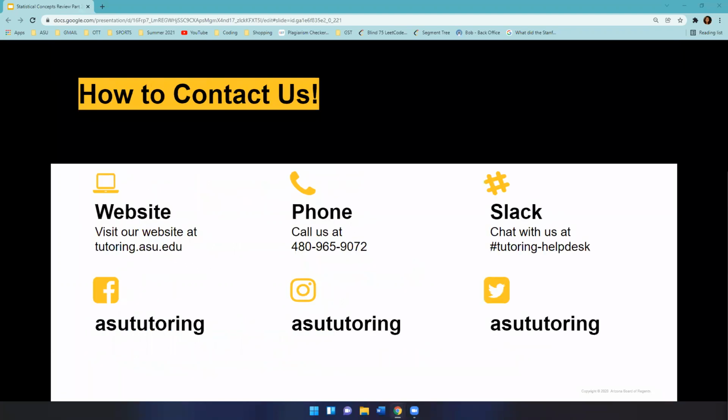And then we also have writing group support. The best way to contact us is going to be on our website. You can visit tutoring.asu.edu and schedule an appointment today. So if you want to meet with one of our grad stats tutors, you can make that appointment.